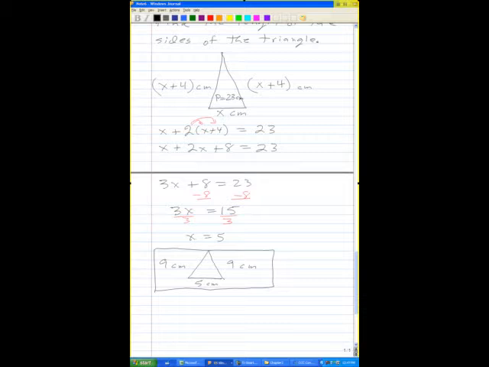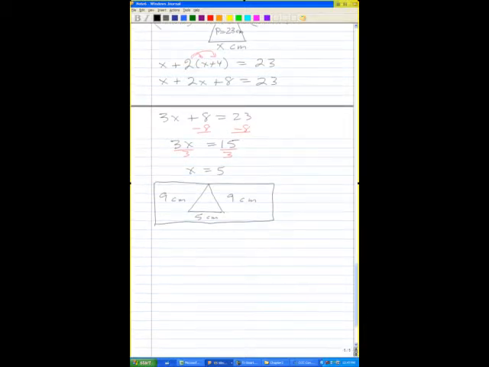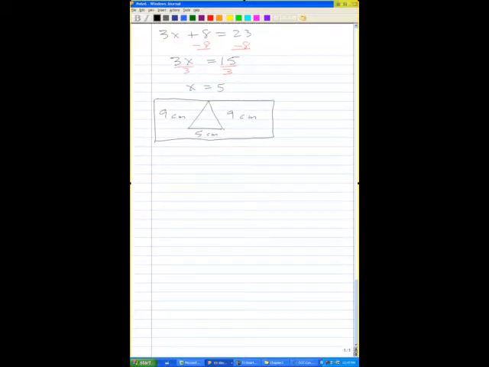Okay, let me do problem number 22. The supplement of an angle is 4 times its complement.